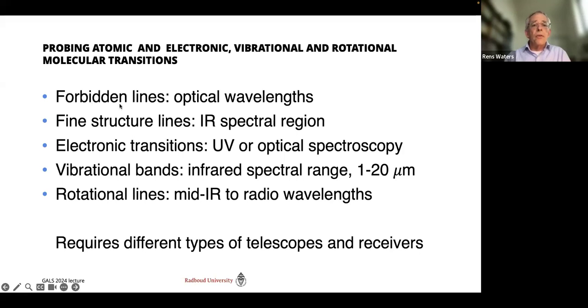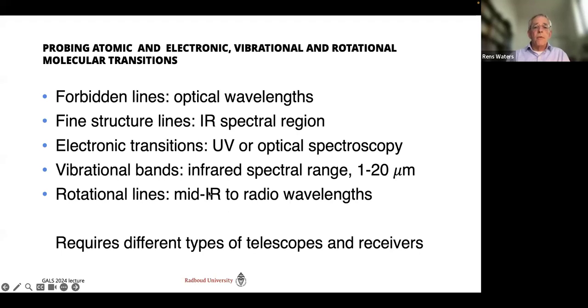Forbidden lines with low Einstein A coefficients are typically found at optical wavelengths. Fine structure lines of atoms and ions are found in the infrared spectral region. Electronic transitions of molecules are found in the UV or at optical wavelengths. But the vibrational and rotational lines are typically found at infrared and all the way into the radio regimes.